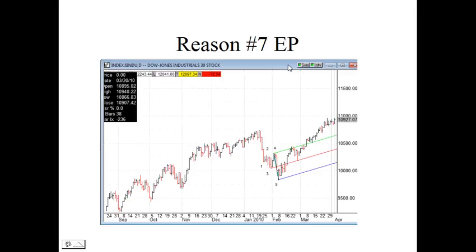Now there is one more reason to take profits that we're going to show you here, and this is something that's been around for a very long time. It's called expanded pivot formation. In Andrews terms, it's called reverse point wave, if you studied it under Wells Wilder, and it was called something else back around the 1900s. And what you have is a 5-wave pattern.